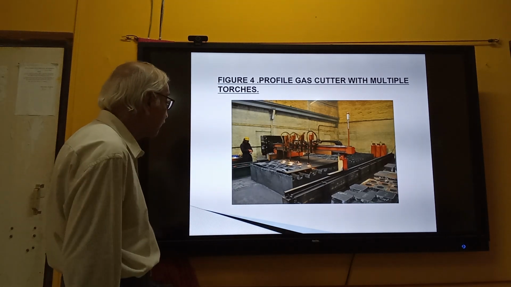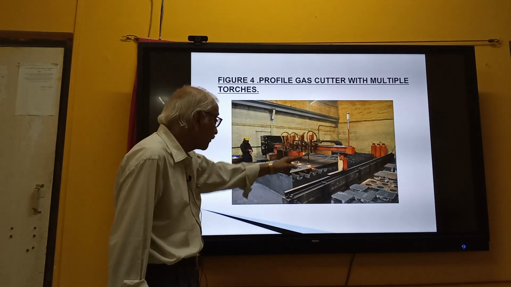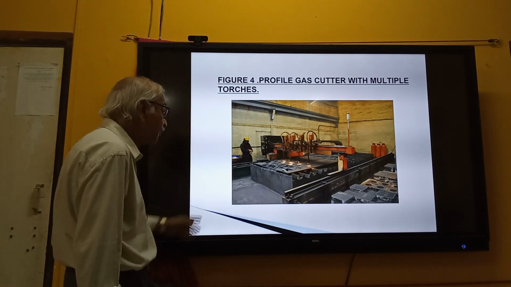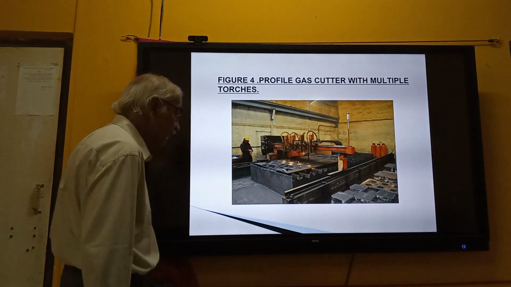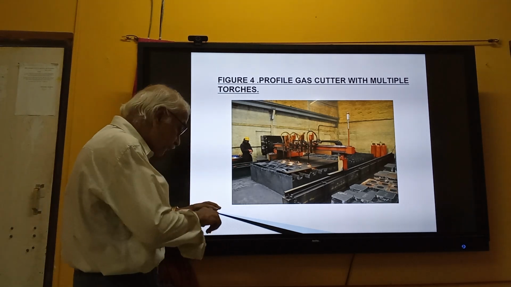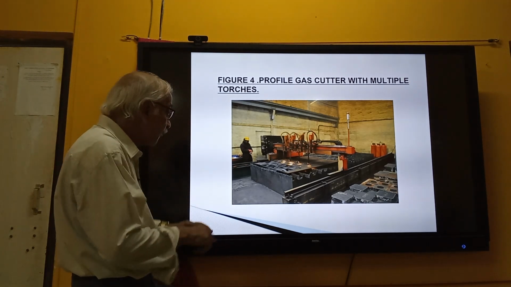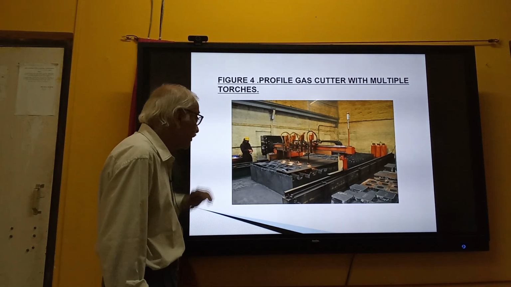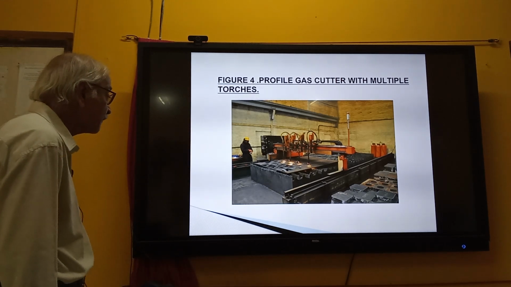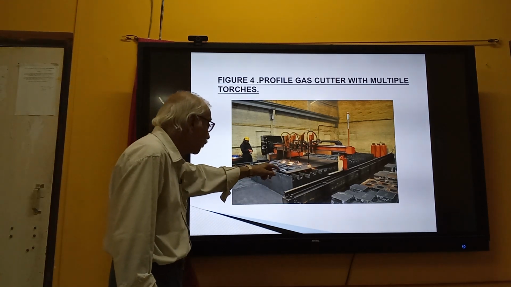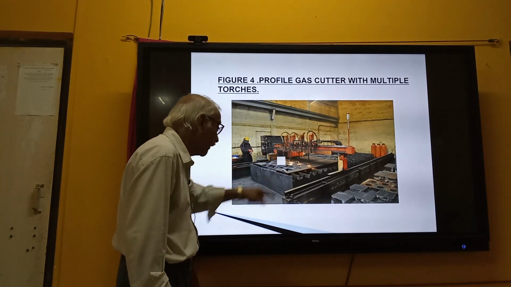There are 4 torches mounted on the machine which can move both in the x-axis and y-axis automatically. And if a particular profile is programmed into the computer, this is a CNC controlled gas cutter, then that particular profile will be automatically cut at 4 places.